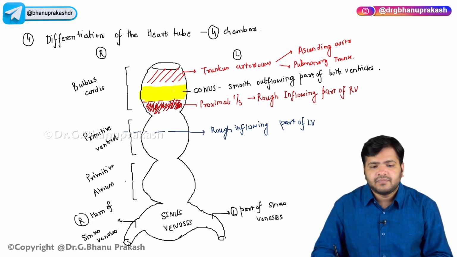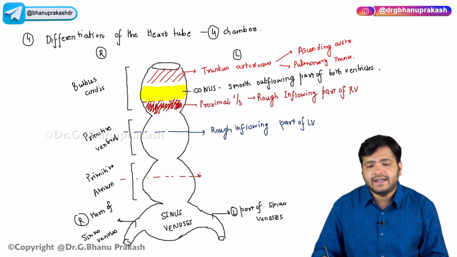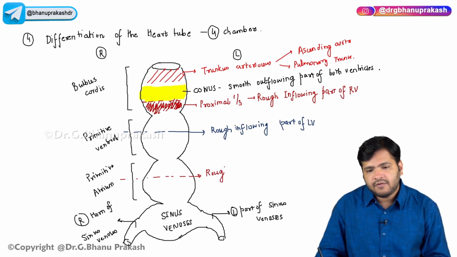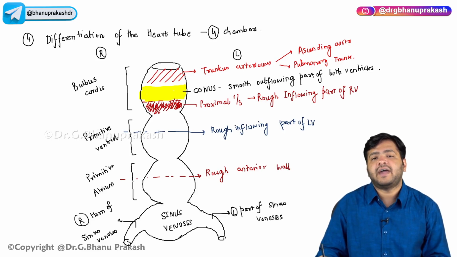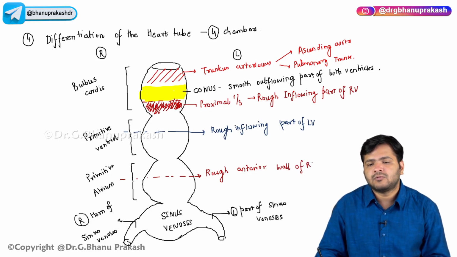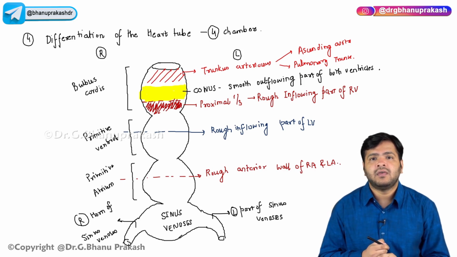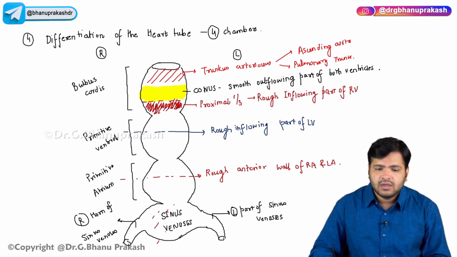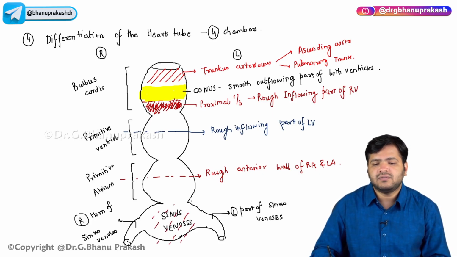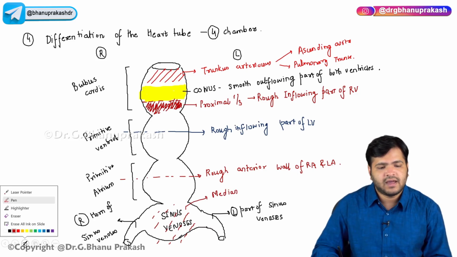The primitive atrium will give rise to the rough anterior wall of the right atrium and left atrium. Remember the sinus venosus: this part is called the median part of the sinus venosus, which I am highlighting over here.